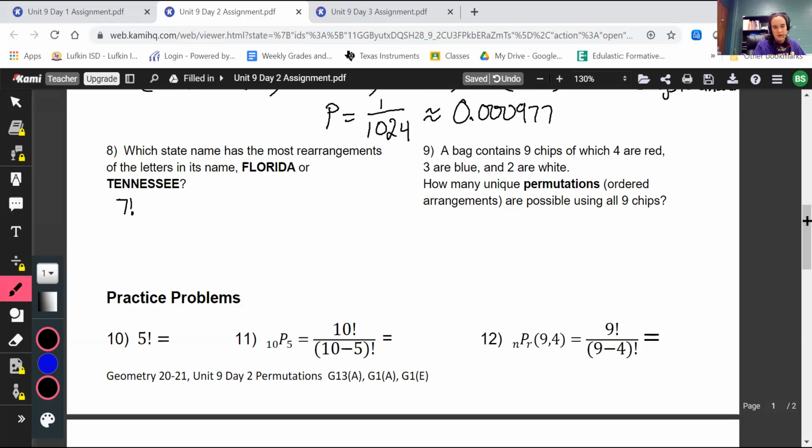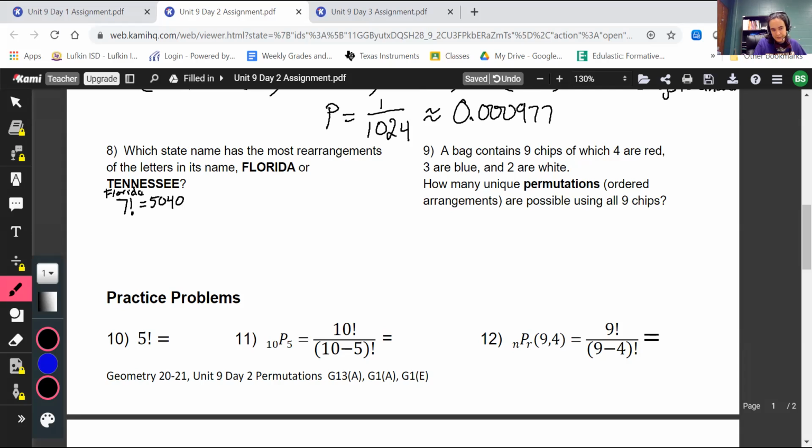So we've just got 7 factorial for Florida. And that gets us 5,040 possible rearrangements for Florida.